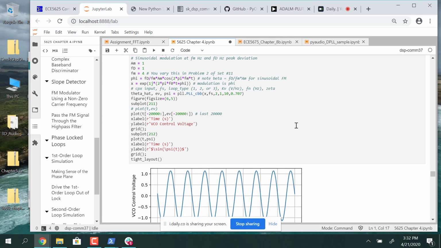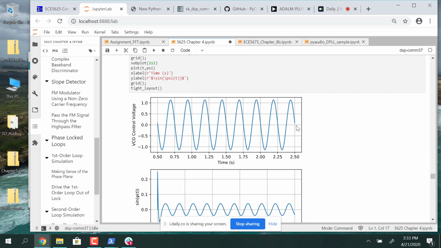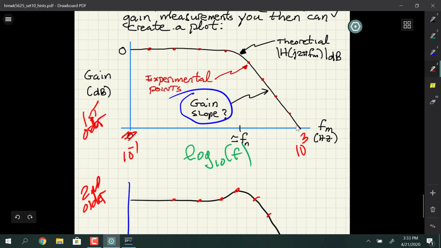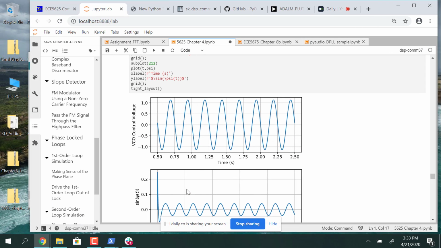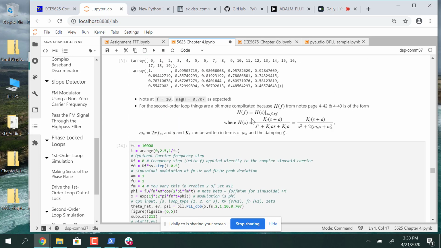And when you go ahead and run that, in this case you get a value bigger than 1, and that's because I've already kind of hinted that you're going to have some overshoot in this response. At any rate, the same calculations carry out here. To get the theoretical response plot for this loop, though, you'll have to take this closed loop transfer function for the second order loop, which looks like this, and then you'll have to make some substitutions.